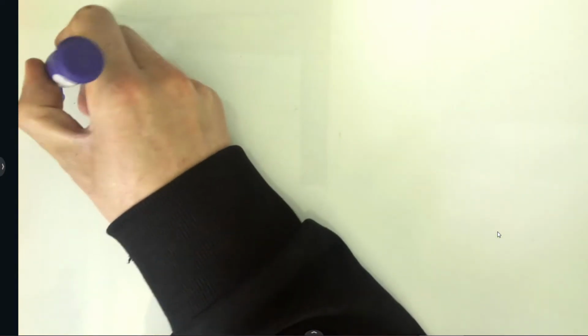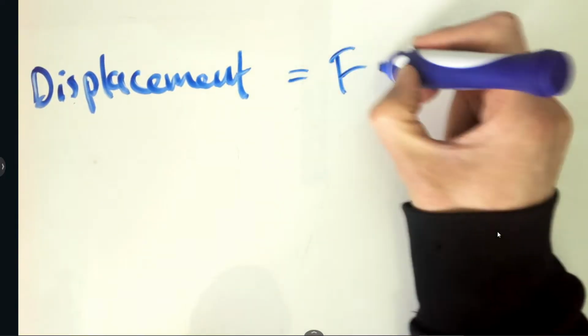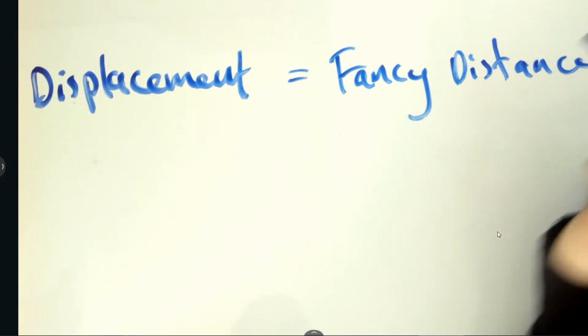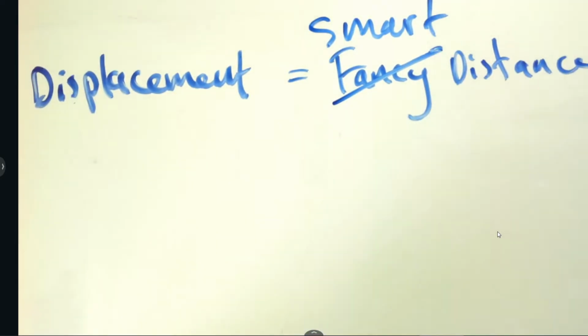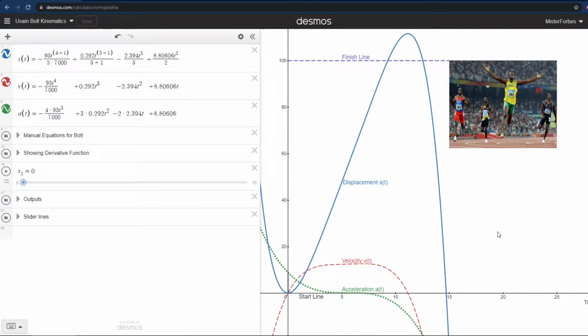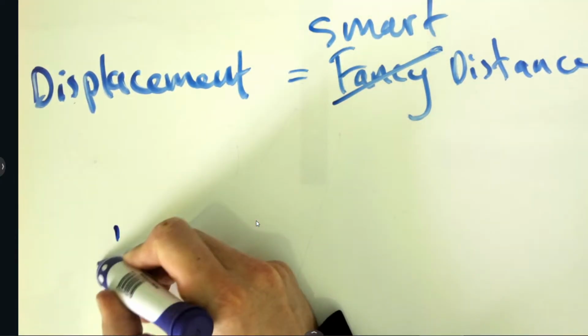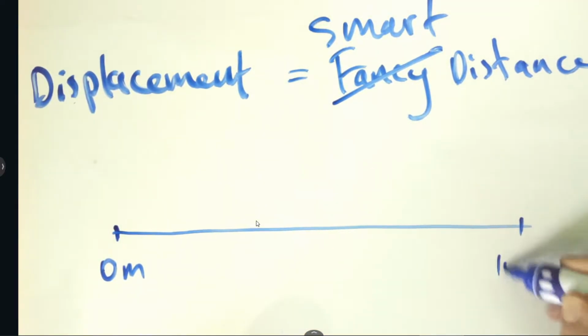I can't really glance over that, but displacement is fancy distance. It's way smarter. It's like smart distance, right? It's going to look exactly the same in this example of Usain Bolt, because Usain Bolt is starting at 0 meters, and he's going to sprint over to 100 meters.